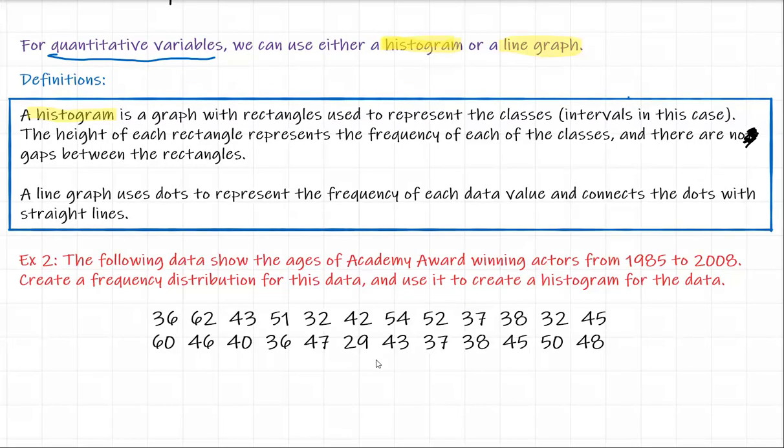So we want to show that it's kind of like a continuation or a continuum, however you like to say that. Okay, and then a line graph, just to make sure we're on the same page. A line graph uses dots to represent the frequency of each data value and then connects the dots with straight lines. Yep. So let's go ahead and make a histogram.